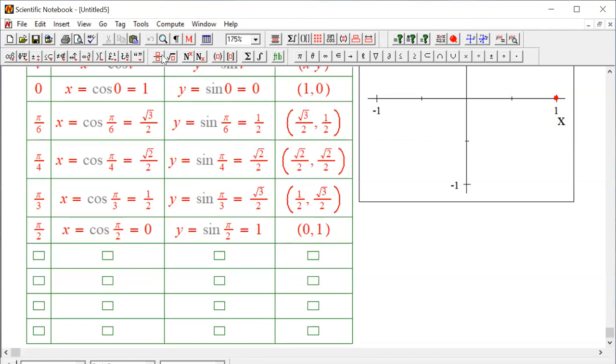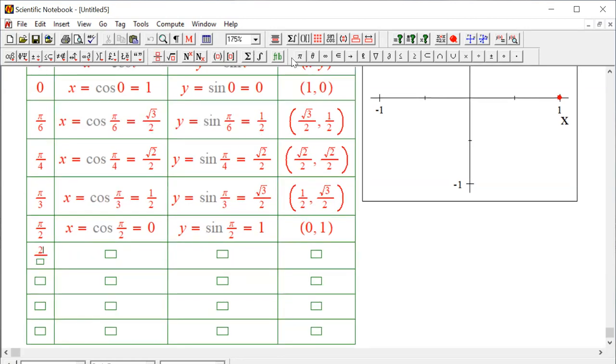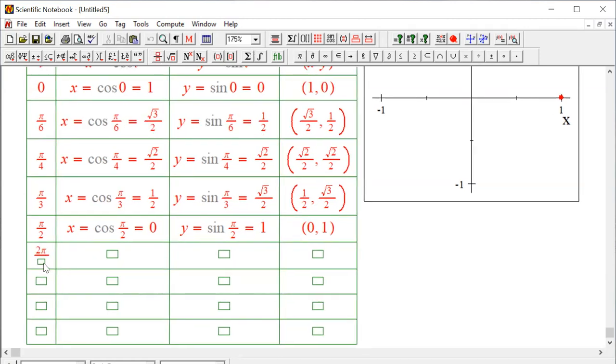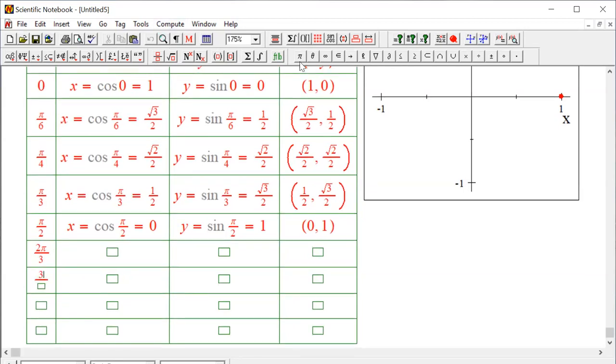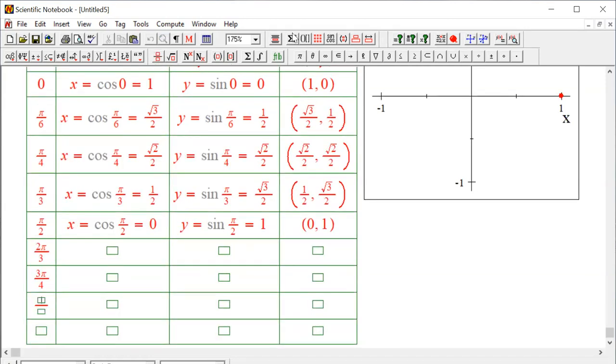So the next point would be 2 pi over 3. The next one is 3 pi over 4. Those special angles, right? Which will make our life a bit easier. And the next one, of course, is pi.